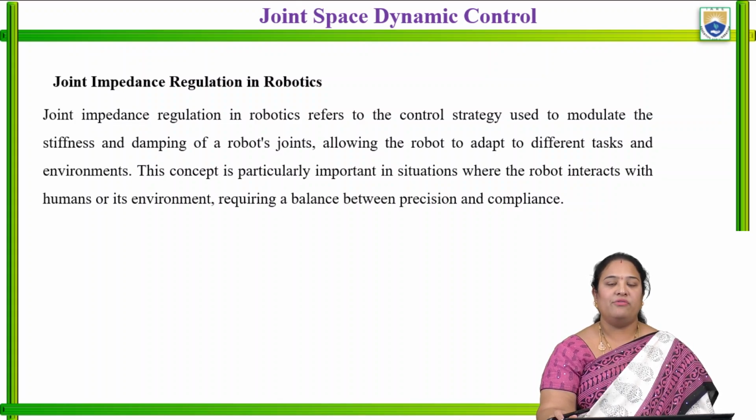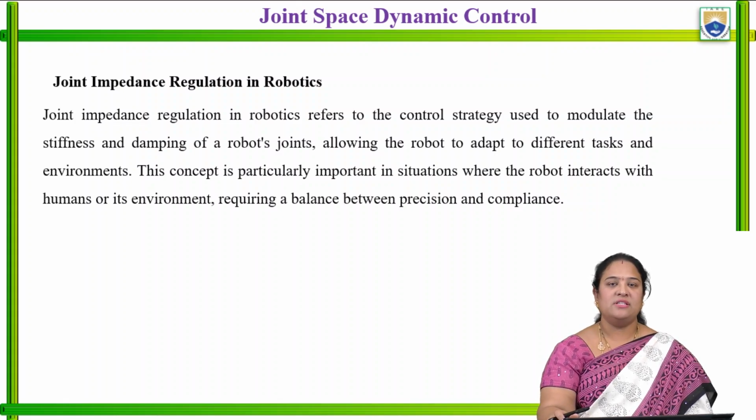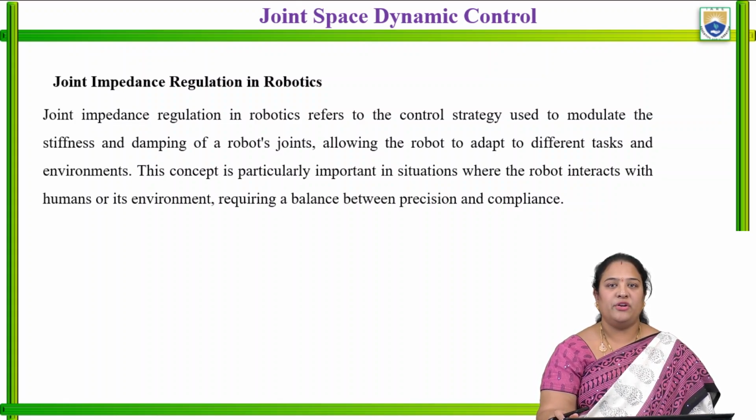That is, when we have several links attached to the robot, in order to have a strategy control on the stiffness or the damping of the robot joints, this joint impedance regulation is used in robots.